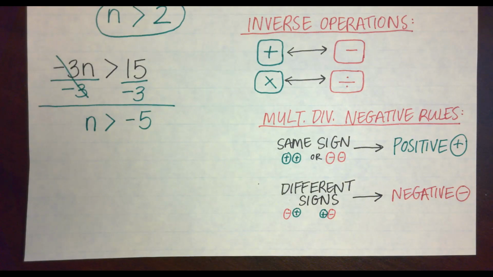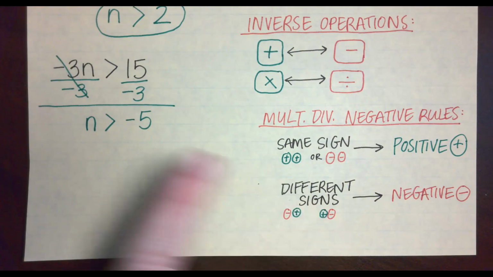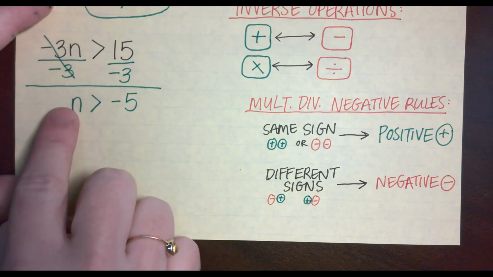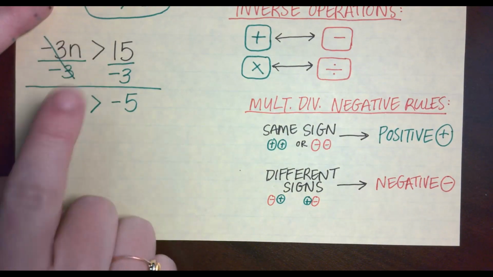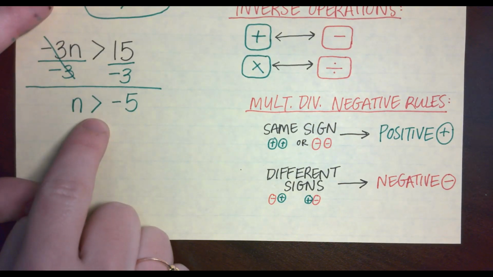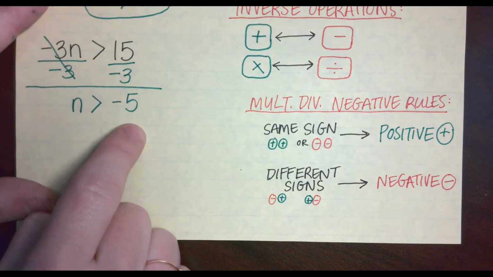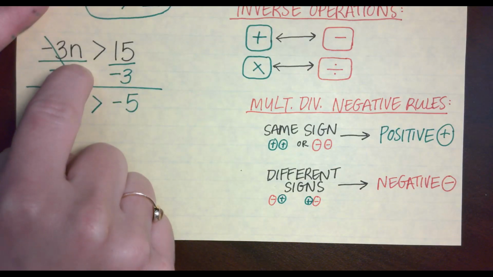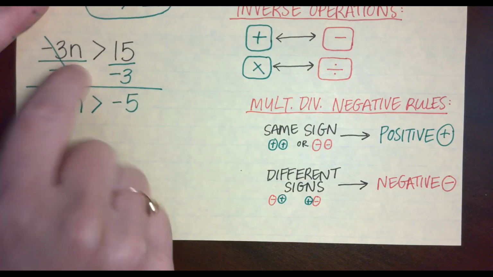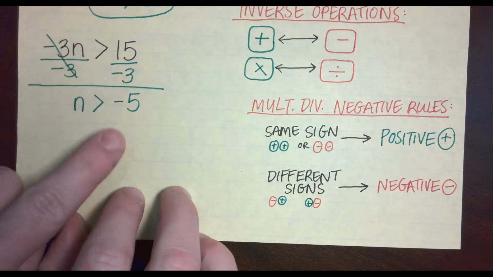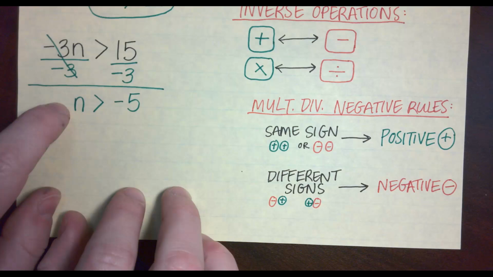All right, good deal. So back to the inequality we just solved. We figured out now that in this equation, n is any number that is greater than -5. So if I plugged -5 into this inequality, is that going to be a true number sentence? Is that going to work if I plug this in? No, I see you shaking your head.